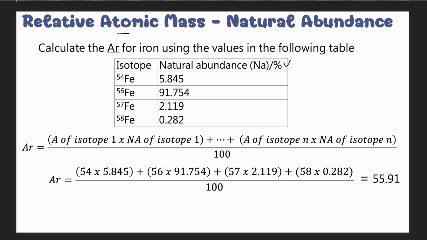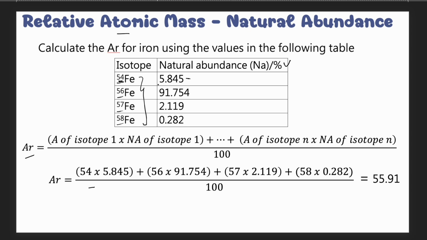For example, Fe has 4 isotopes: 54, 56, 57, and 58. From these 4 isotopes, we can calculate the relative atomic mass this way: the mass number of each isotope times its natural abundance.